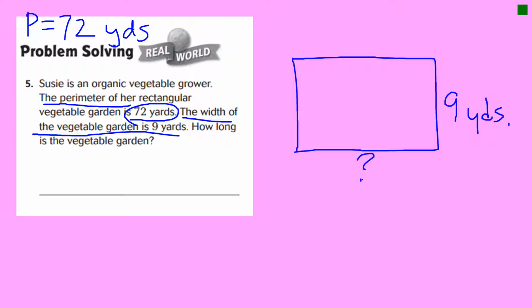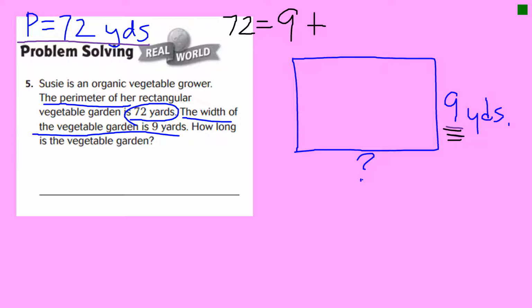So the information we have is we know the perimeter and we know the width. So how are we going to find the length or how long it is? Well, let's remember the perimeter of 72 equals that 9 yards plus, what else do we know about this?